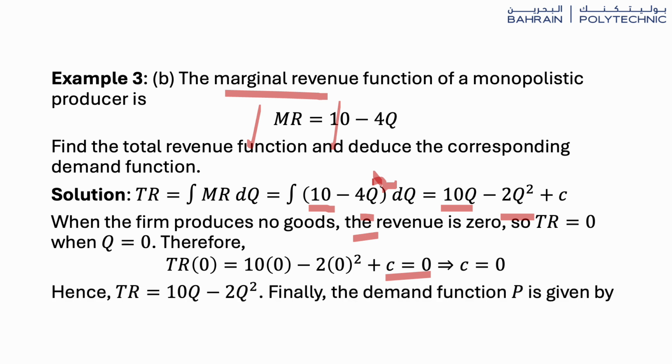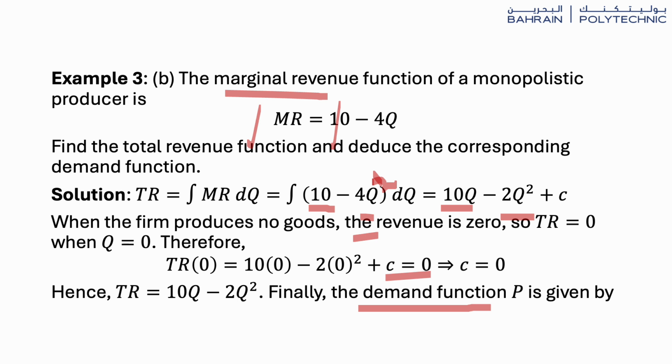Now they are asking also to find the demand function. We know that the total revenue is just p times q. So what we have here is just p times q. So we can take q as a common factor, or divide by q in other words, to get just the p. So we have to divide over q both sides.